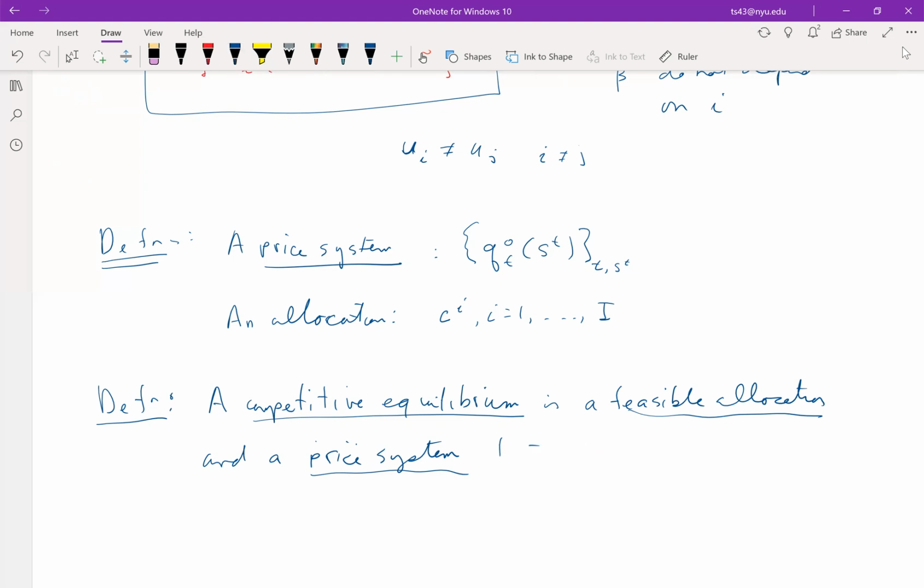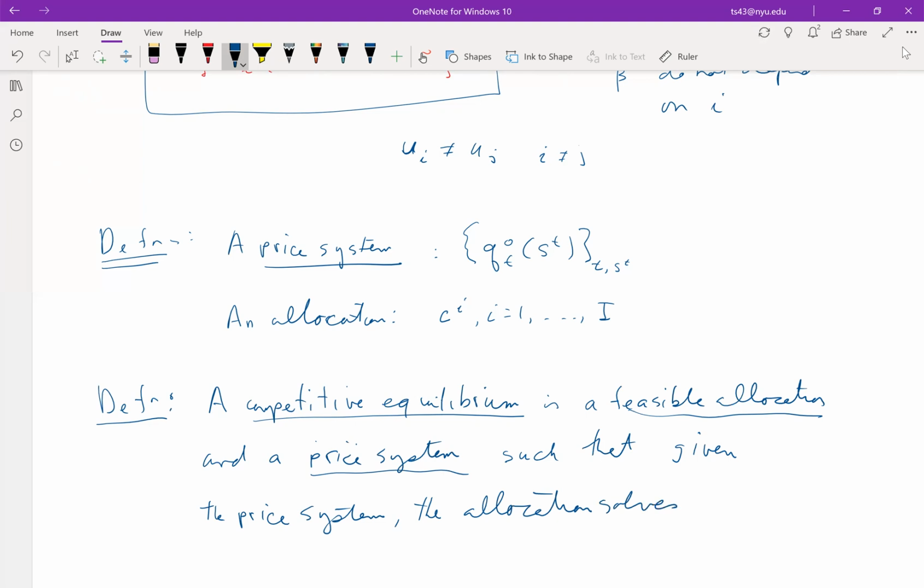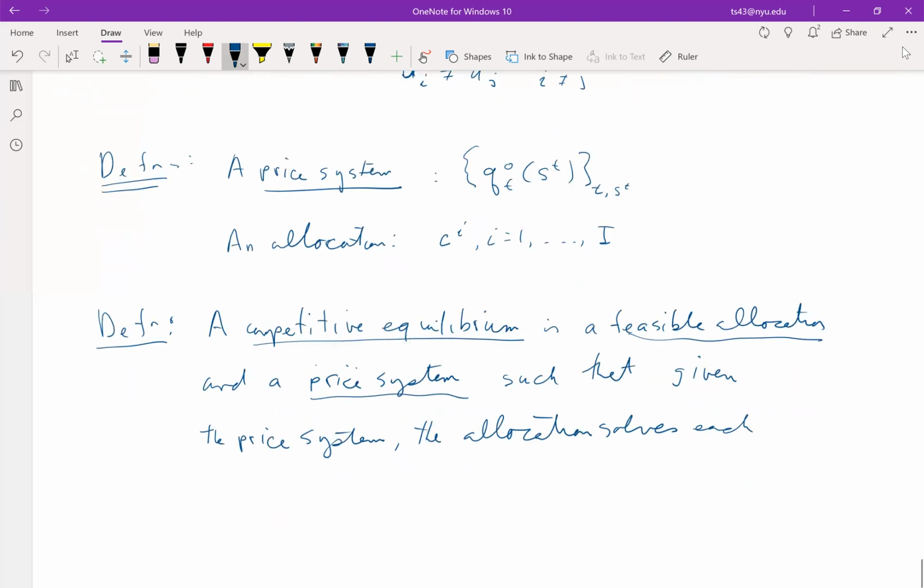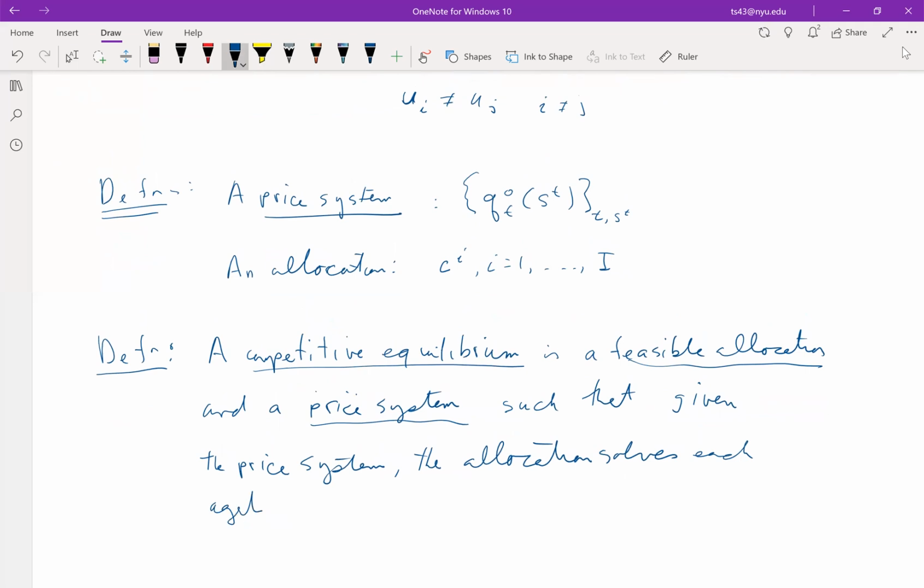Well, I'll say such that, given the price system, so my people are price takers, given the price system, the allocation solves each consumer's optimization problem.